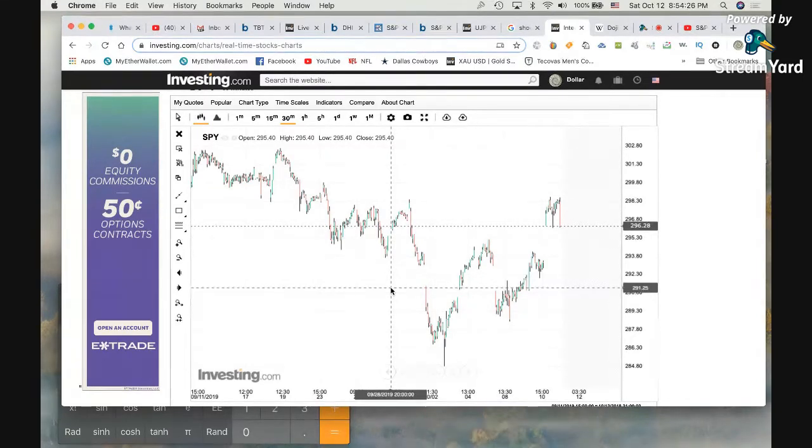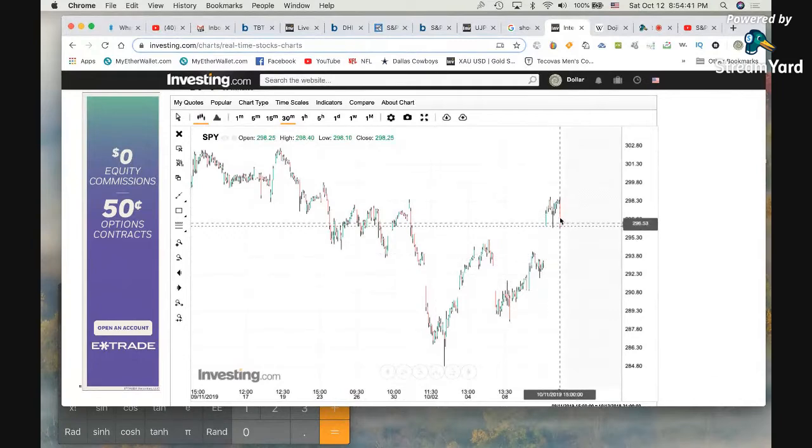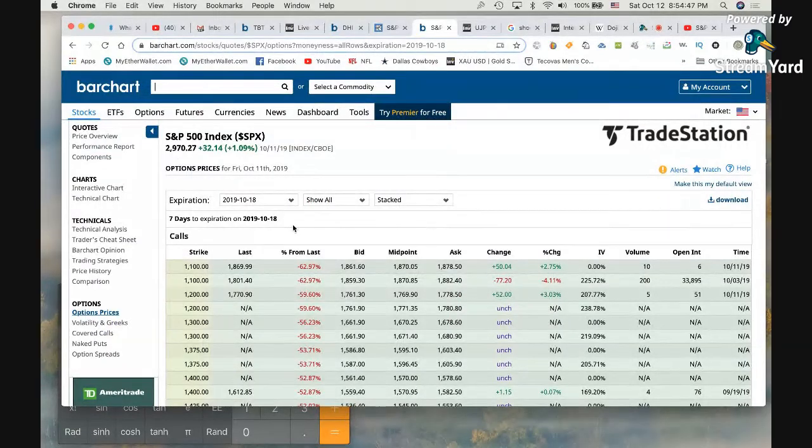The puts are negative, pessimistic bets against the near term. And this was an option expiring a week out. And so I look today, or Friday, yesterday. This is an option that expires the 18th, which is this Friday.